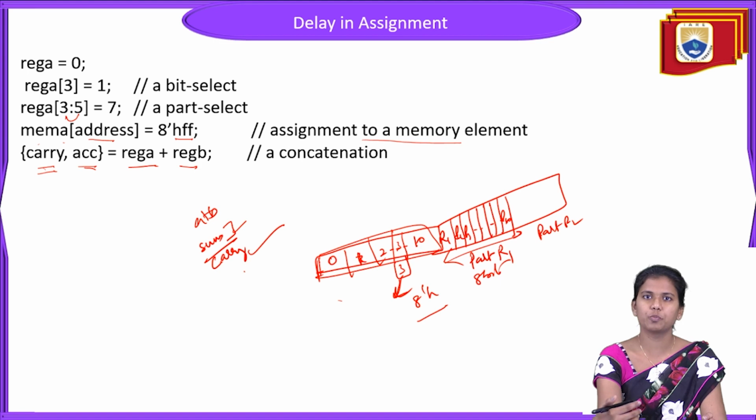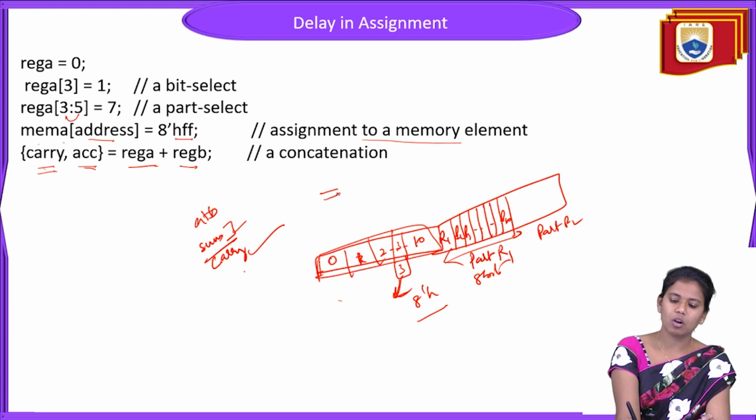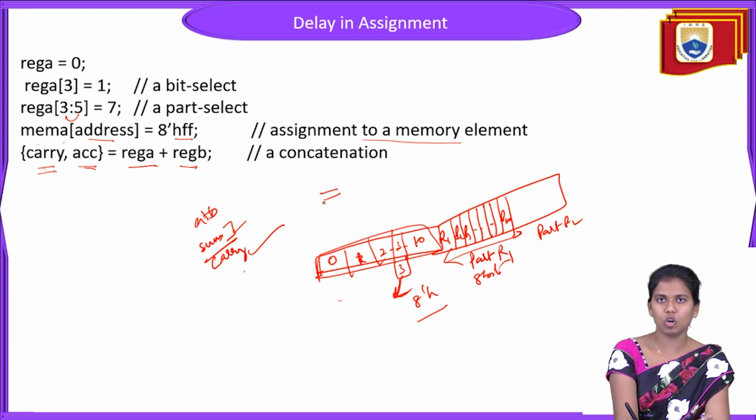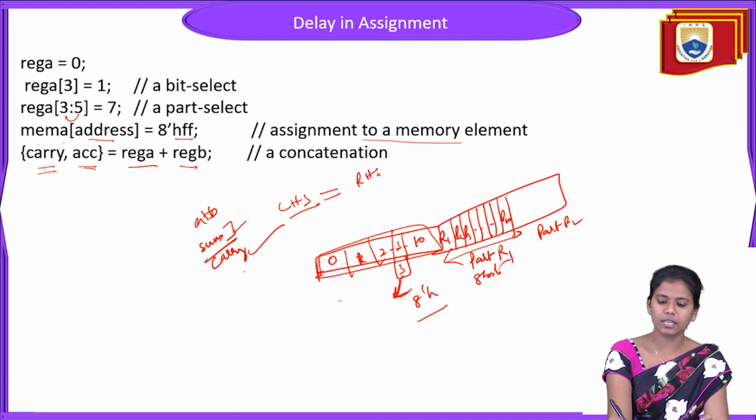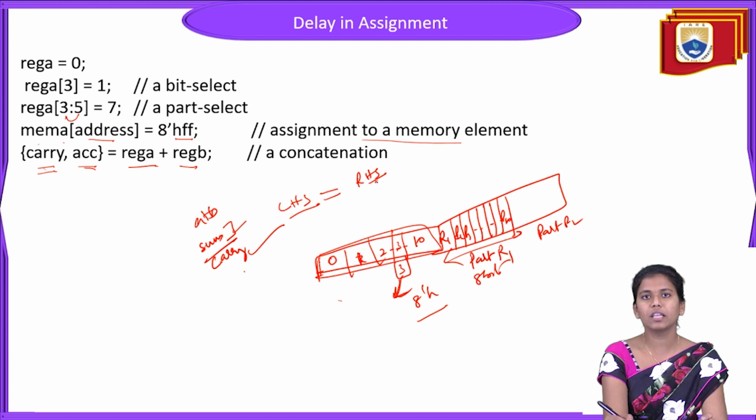Whether it is a continuous procedural assignment or a procedural assignment, always remember that equals-to is the assignment operator. It must be there. On the left-hand side, we represent the variables, and on the right-hand side, we represent the expression.